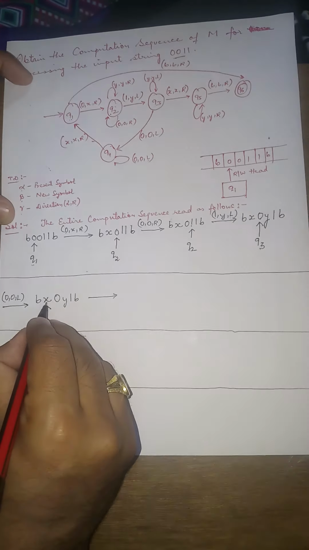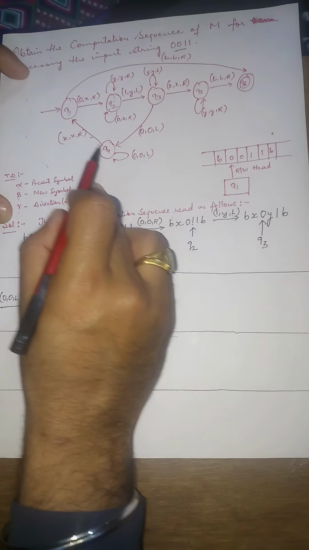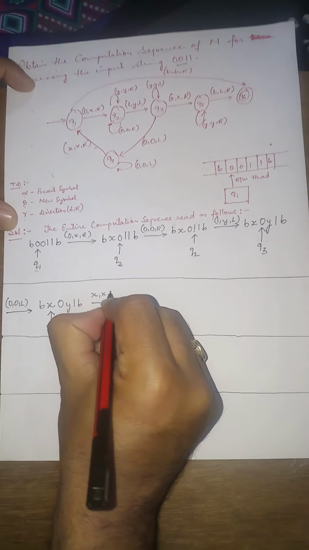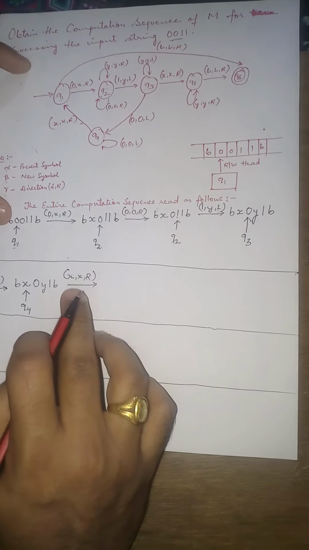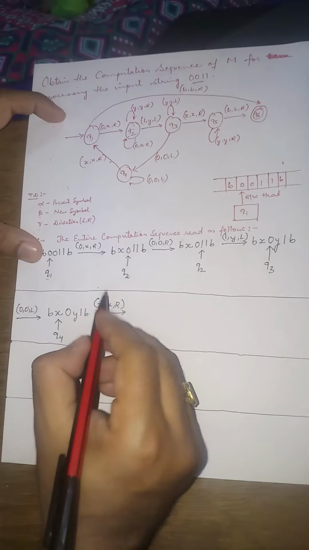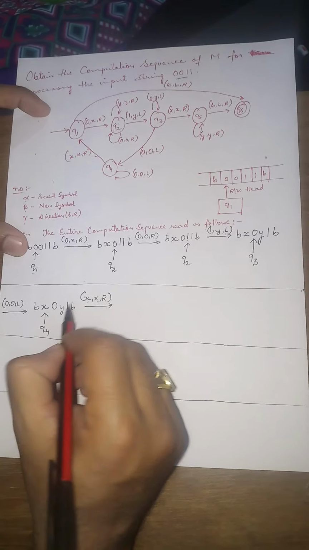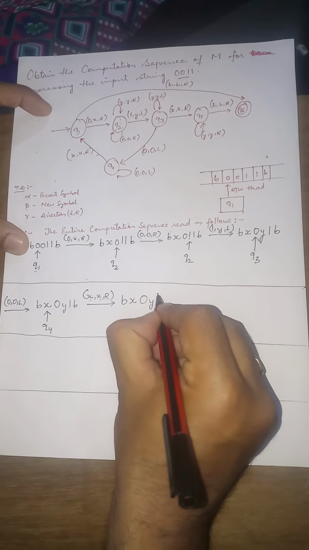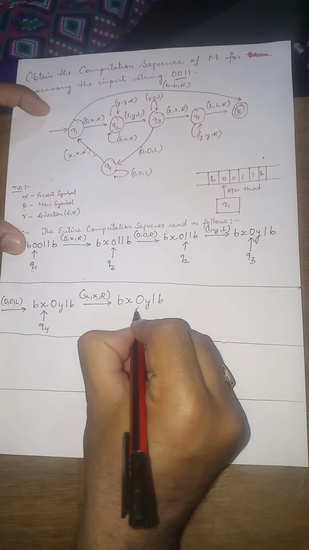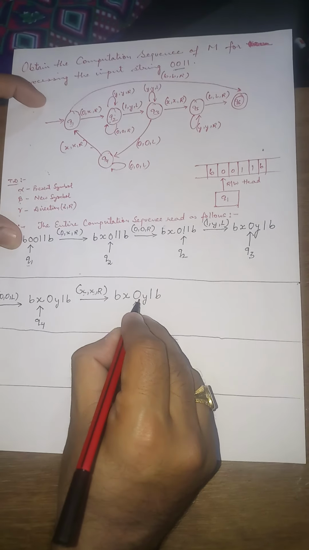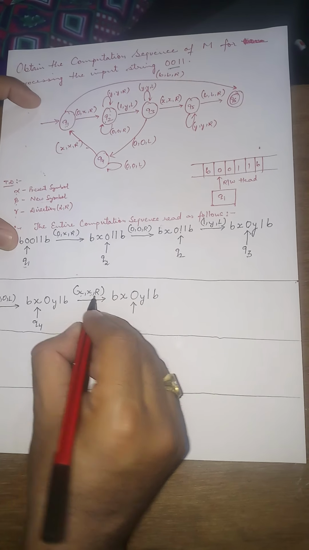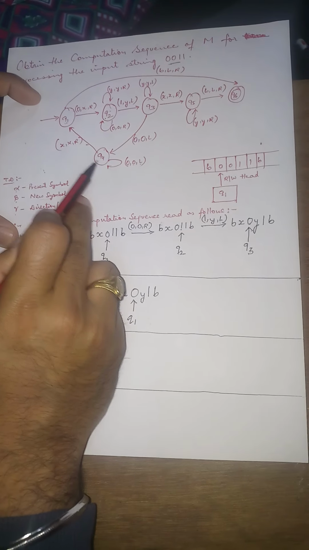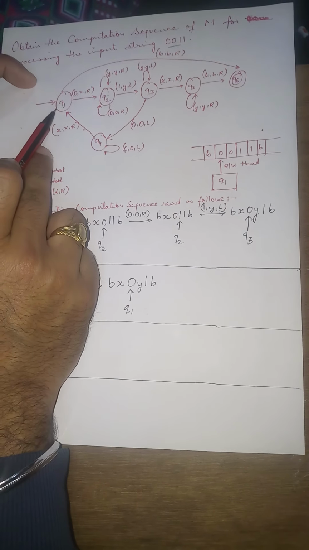Next, q4 upon the processing of x. q4 upon the processing of x goes to q1 and the move is x, R. It means you need to move right. x will remain x because the new symbol is x. So here the configuration is b, x, 0, y, 1, b, and the read write head will move towards 0 because the direction is right, and now the state is q1 because q4 upon the processing of x goes to q1.